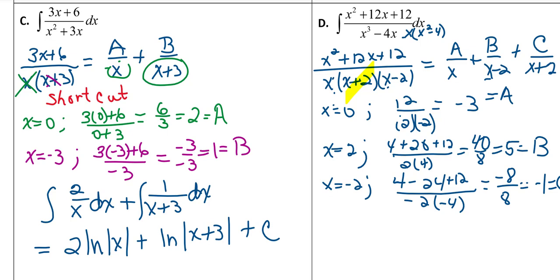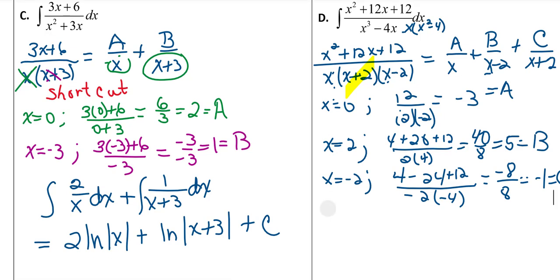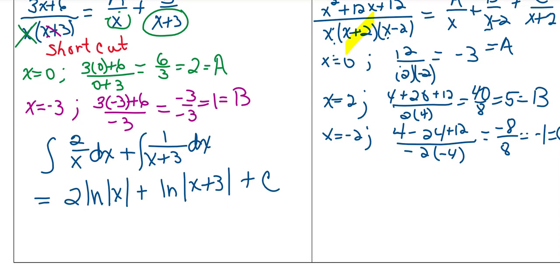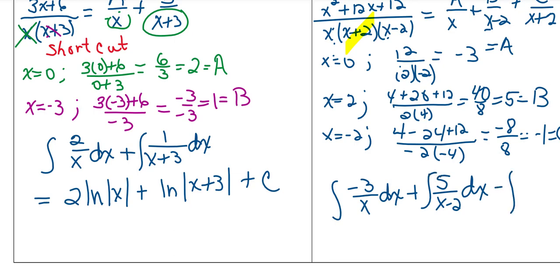And then from there, I just have to do the integration. So moving this up a little. So now I'm going to integrate negative 3 over x dx plus 5 over x minus 2 dx minus dx over x plus 2.